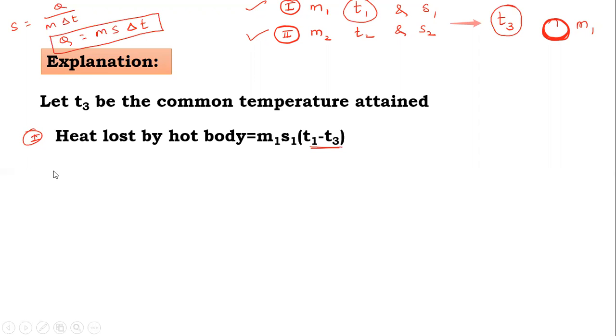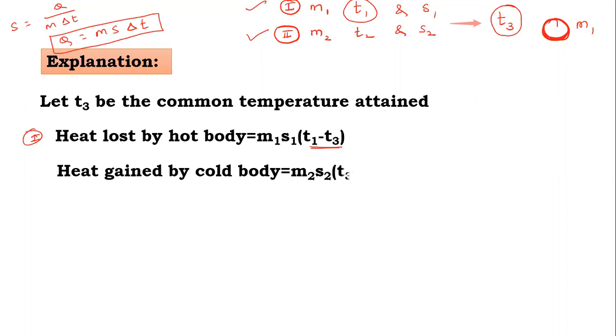Now, the cold body attains thermal equilibrium, meaning the heat lost by body 1 is gained by body 2. So we can write the heat gained by the cold body with the same formula: the second body has mass M2, specific heat S2, and temperature change. The second body has a temperature T2 and then attains a temperature T3.